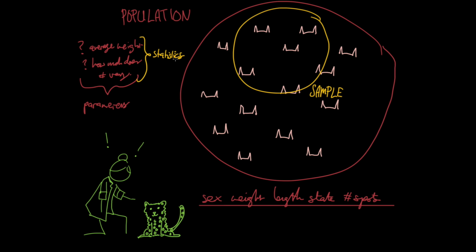It means some property of the sample. Since we only have data from our sample, we have to satisfy ourselves with these statistics. But our ultimate goal is going to be using these statistics to find things out about the parameters. And we'll be covering that from now on.